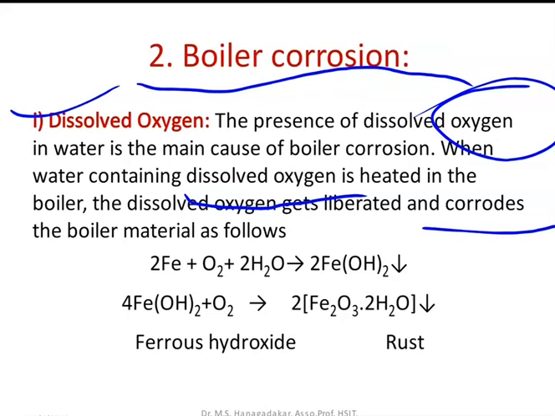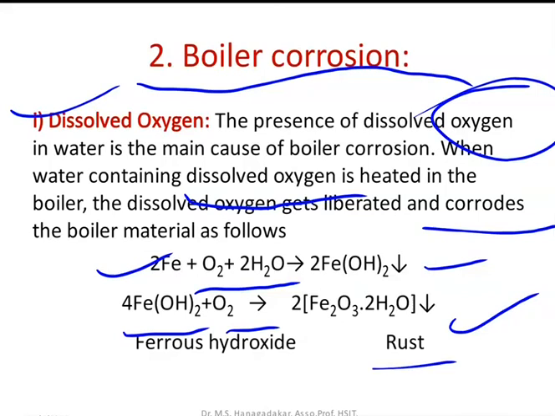Here you can see that the boiler material is made of iron. In the presence of dissolved oxygen in the boiler feed water, there is a formation of ferrous hydroxide. This ferrous hydroxide, in the presence of sufficient oxygen, forms hydrated ferric oxide. This hydrated ferric oxide is called rust.